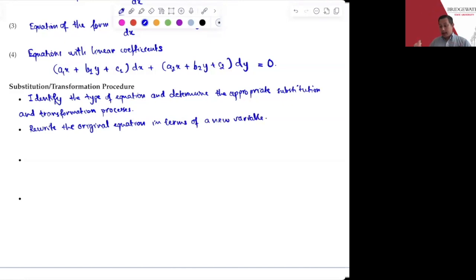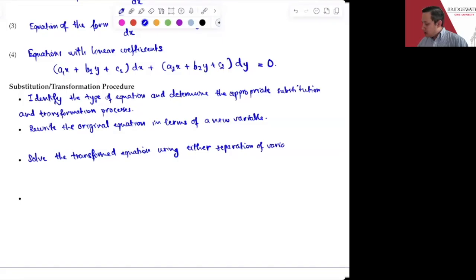Right. And then you solve the transformed equation using either separation of variables, integrating factor, or exact. So either one.